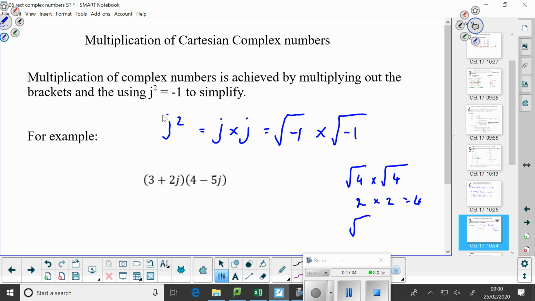Square root of 9 times square root of 9, 3 times 3 equals 9. So if we square j, we must end up with minus 1. So j squared equals minus 1. What do you think then j cubed is?